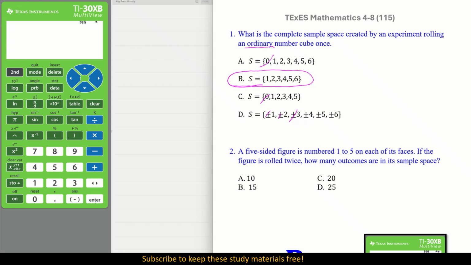All right, so let's look at number 2. A 5-sided figure is numbered 1 to 5 on each of its faces. If the figure is rolled twice, how many outcomes are in its sample space? Well, that means you have 5 outcomes for one roll and 5 for the other.